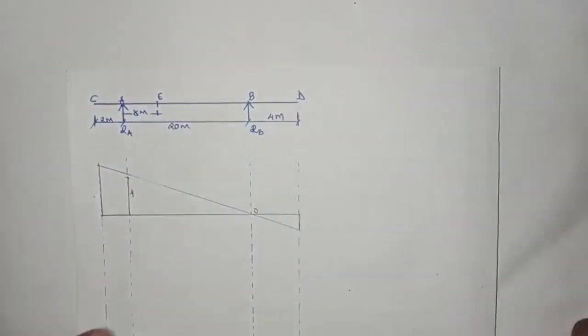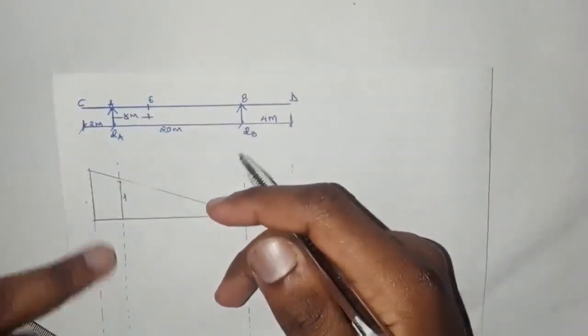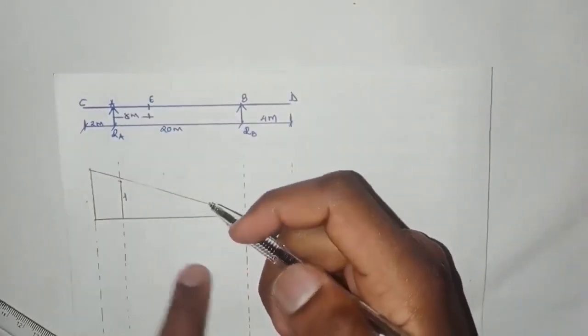Okay, so now we have to calculate the ordinates at point C and at point D. At point A we have it.